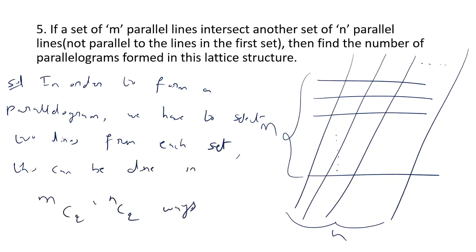So I can select 2 lines from the first set of m lines, and I can select another 2 lines from the second set of n lines. So I can select 2 lines from these m lines in m choose 2 ways, and I can select 2 lines from these n lines in n choose 2 ways. Therefore the total number of ways of selecting a parallelogram is m choose 2 times n choose 2.